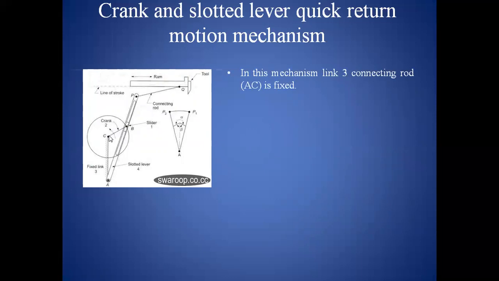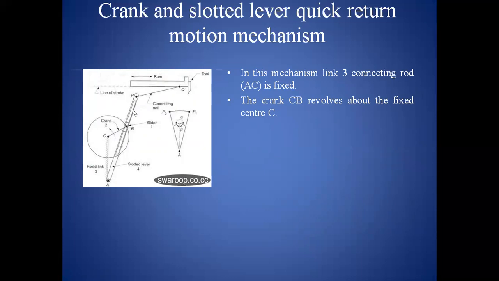The crank, represented by CB, revolves about the fixed point C. Here you can see the slider, called link 1, attached to the crank pin at B, and the slider reciprocates along the slotted lever.